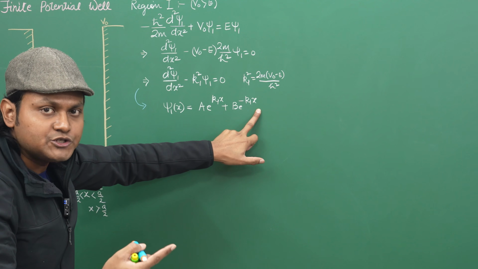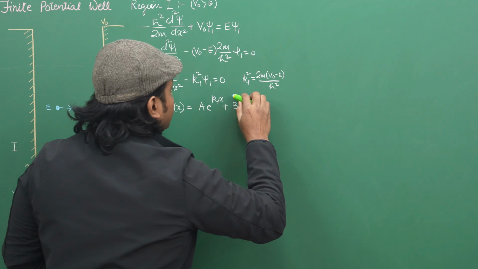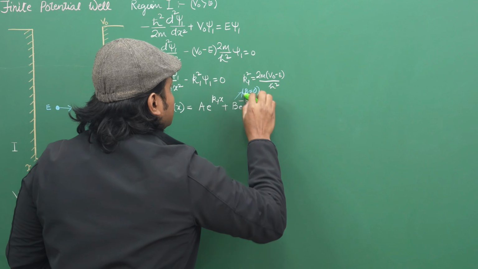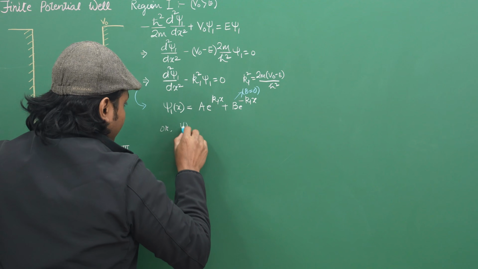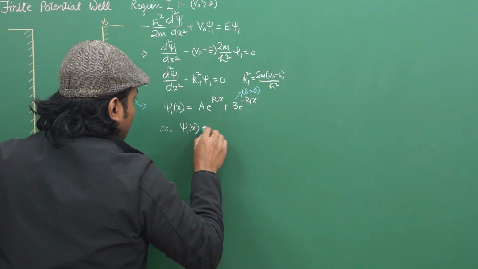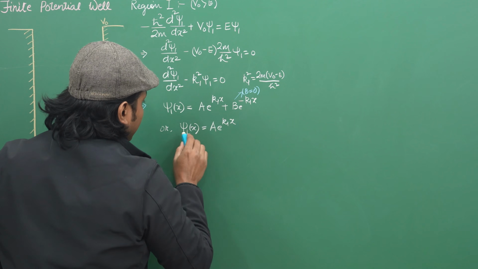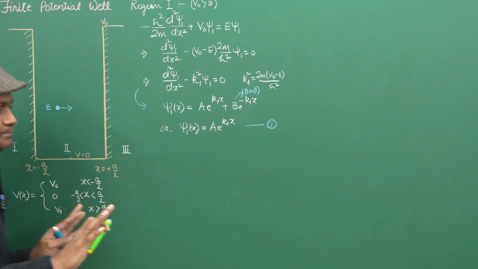We cannot have a wave function that blows up, and to avoid it, we must make sure that B is equal to 0. So this gives us an acceptable eigenfunction solution, which is A e to the power k1x in region number 1. That's it.